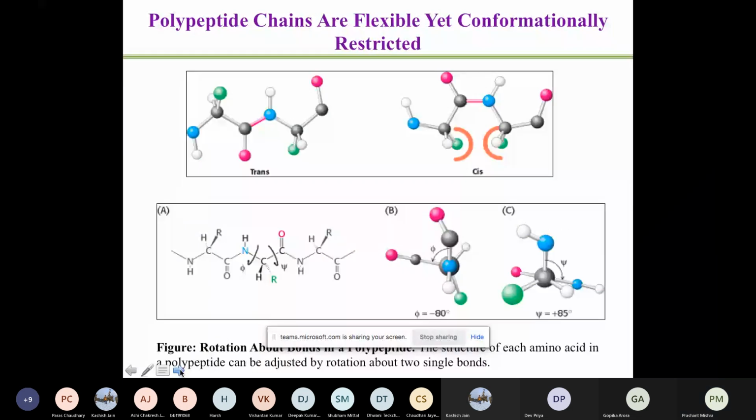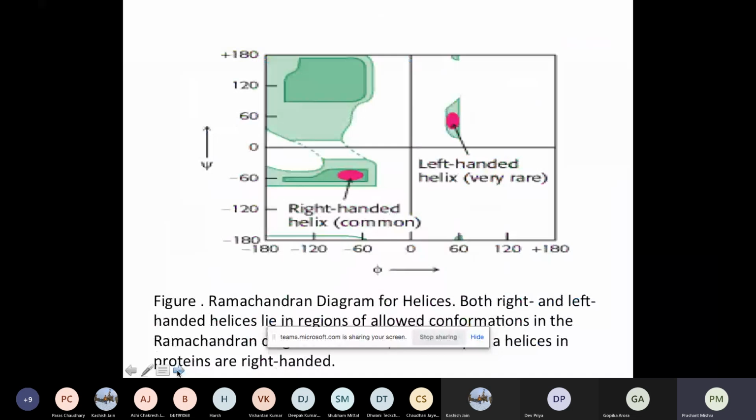Here you have already learned about the phi angle and psi angle. Now let us see Ramachandran's plot. Ramachandran has given a plot for alpha helix, beta sheet, and the types of possibility in the interaction. You can see that the dark green part is the most favorable conformation, whereas the light part is a slightly less possible conformation.